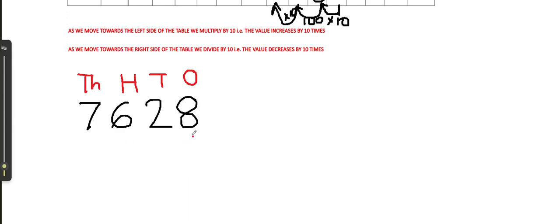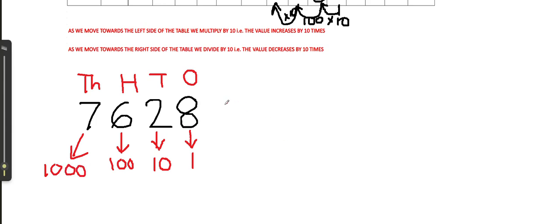These are the houses to which they belong, and it is their address. So we have seen that the ones place has only 1. The tens place is 1 and a 0. The hundreds place is 100. The thousands place is 1,000, right? So in case we want to expand the number, how are we going to write that? 7 belongs to the thousands place, which means 7 times 1,000.